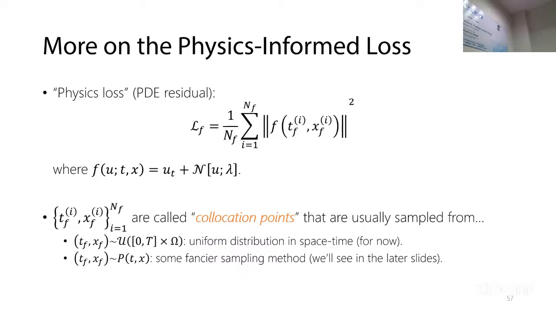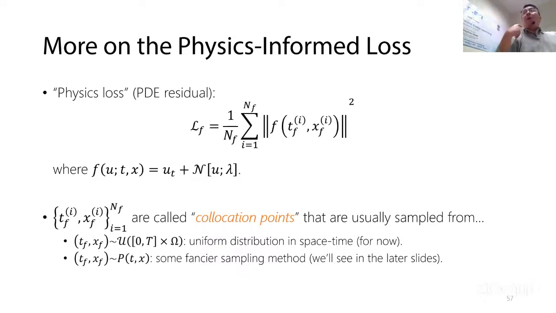For the initial condition, you don't have to worry too much about it, because for initial value problems, the initial condition is given already. So you can sample. Actually, initial conditions are usually fed in as data loss.